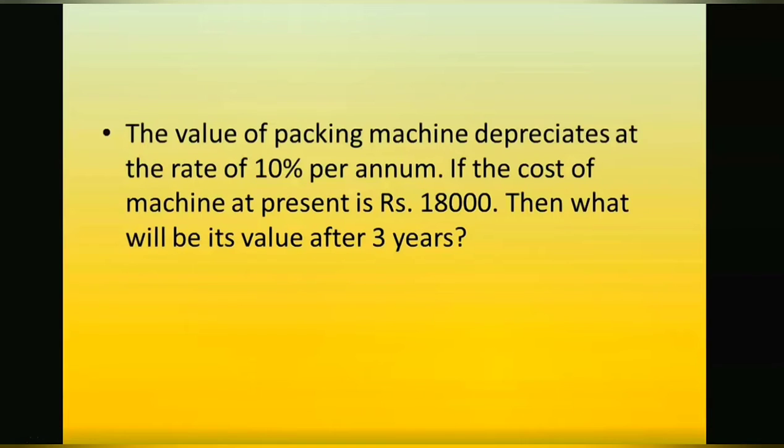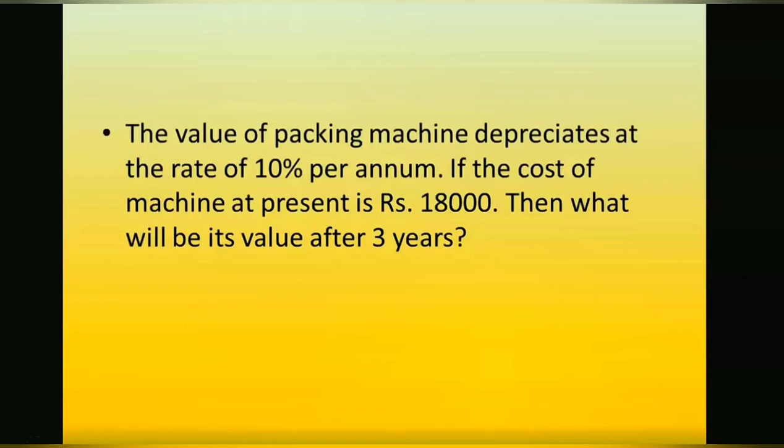Let us see one more example. The value of a packaging machine depreciates at the rate of 10% per annum. If the cost of the machine at present is rupees 18,000, then what will be its value after 3 years? Notice that the question is about the price decreasing.